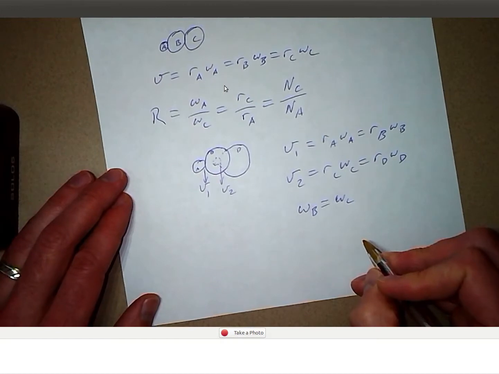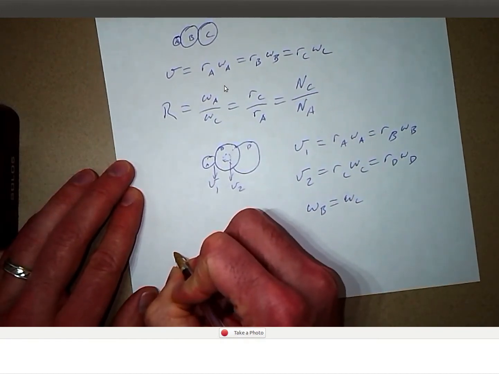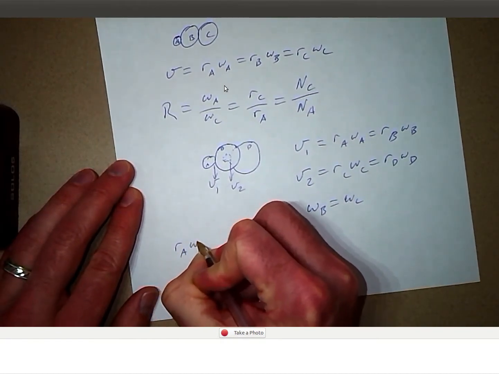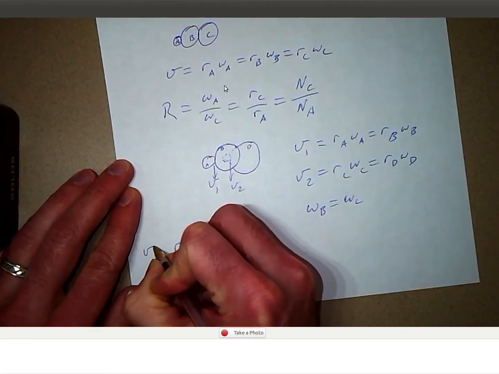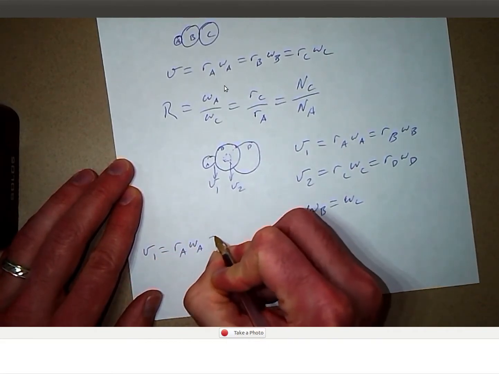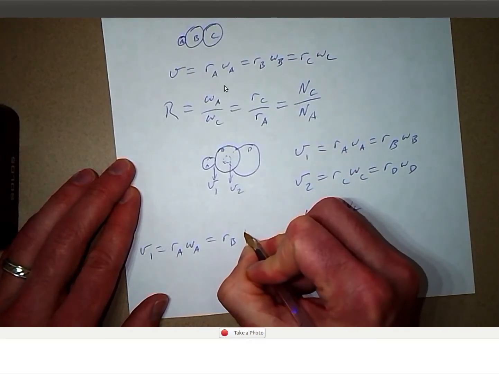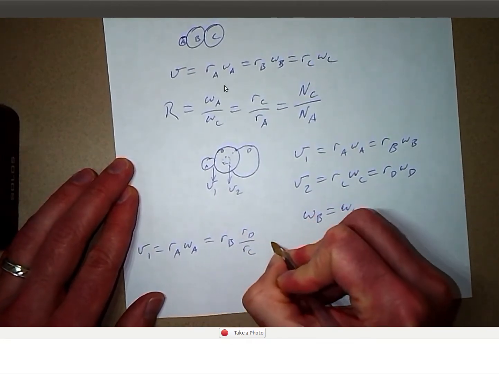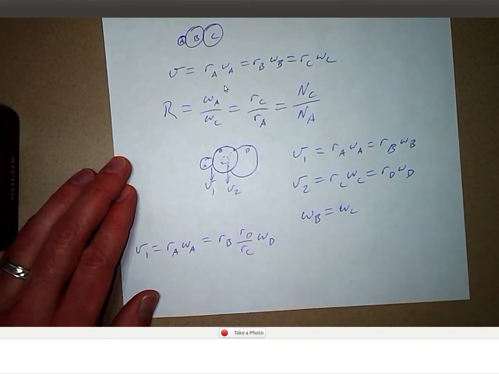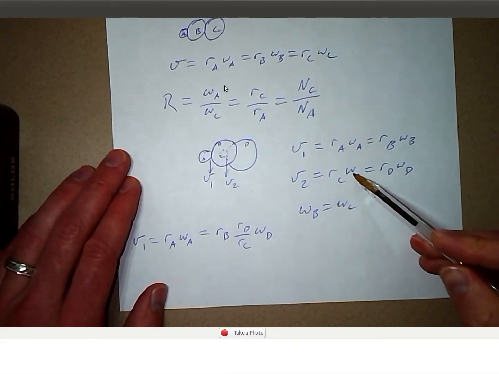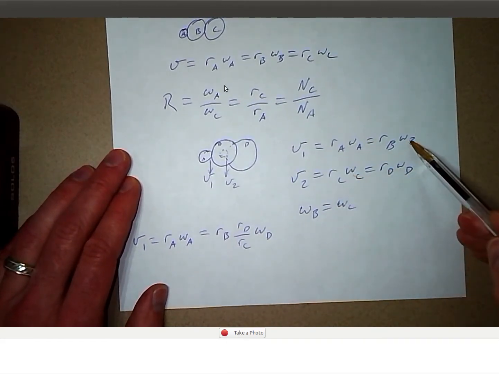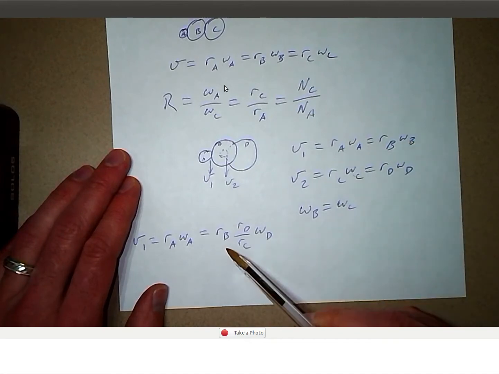And so we get that RA omega A, this V1, is equal to RB times RD over RC omega D. So just solving for omega C in this equation, and then substituting it into this equation, we get RB times that.